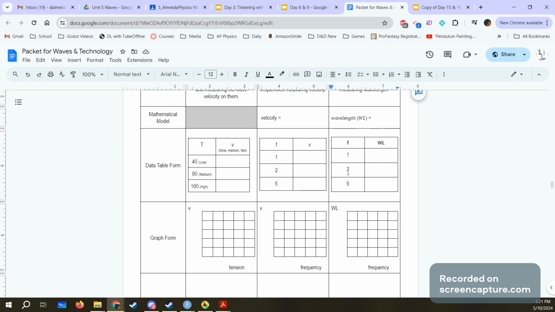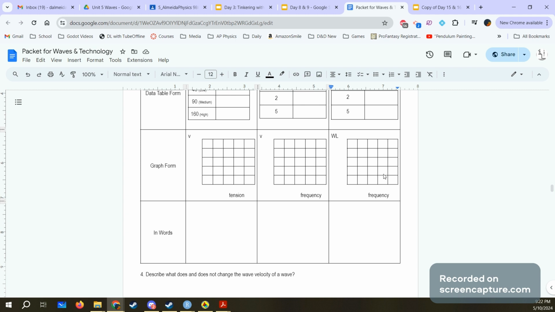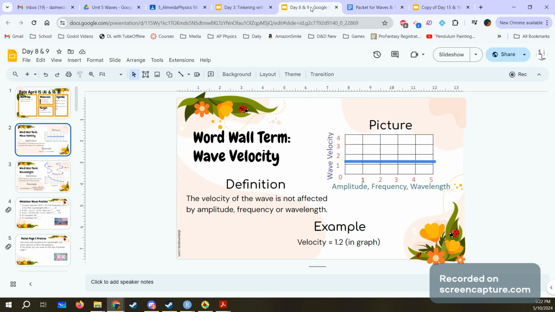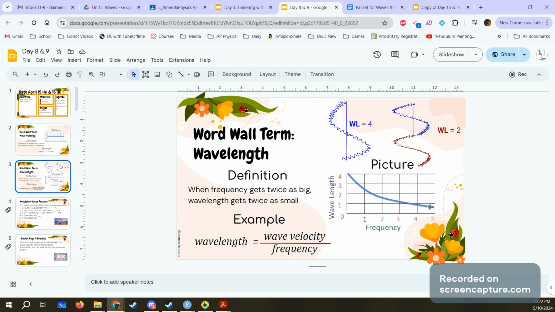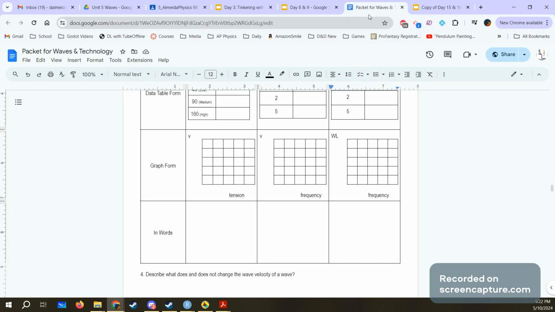When frequency doubles to 2, wavelength gets cut in half: 100 divided by 2 is 50, and then 100 divided by 5 is 20. And so we have that inverse relationship. The inversely proportional line is more or less like this picture here. Again, it's always a hard one to draw. Just do the best you can.